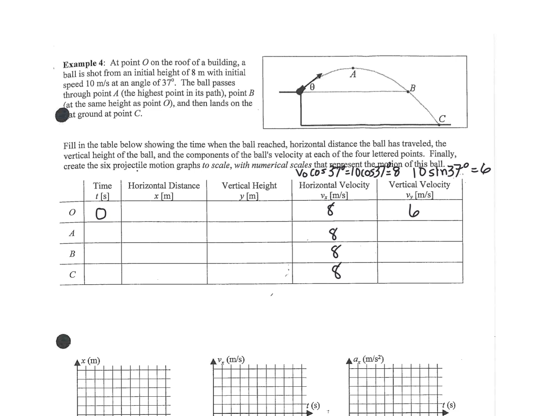We know that x is equal to v initial in the x direction times t. Okay, so we've got to figure out when it hits its maximum height. When is it going to hit its maximum height? Well, let's figure this out.